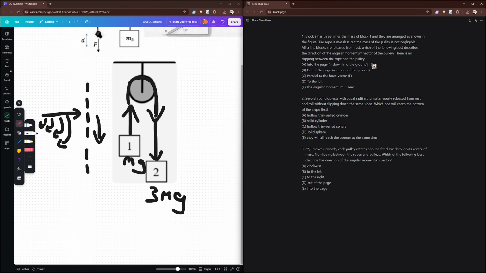Since 2 is heavier than 1, it goes clockwise, and using the right hand rule, the angular momentum is into the page, which is A. So the correct answer is A, into the page.